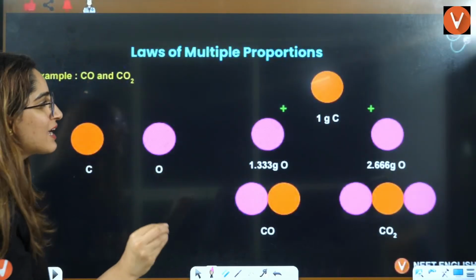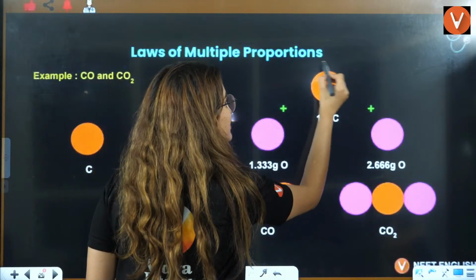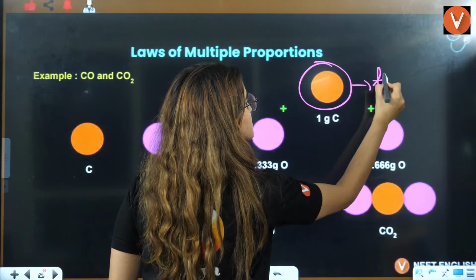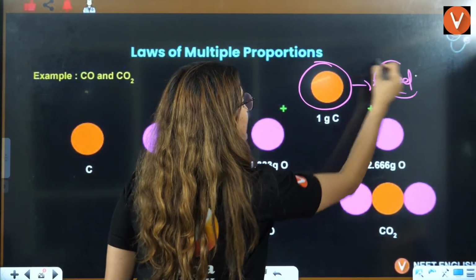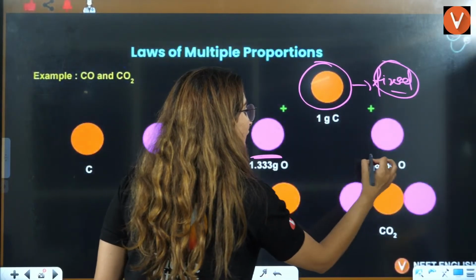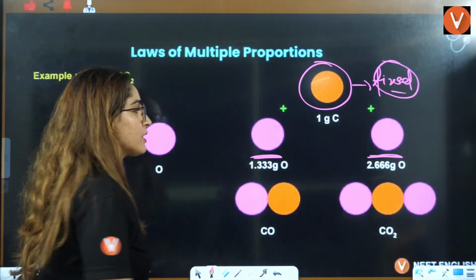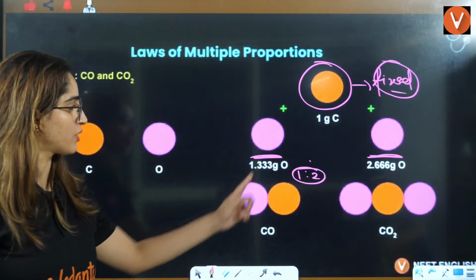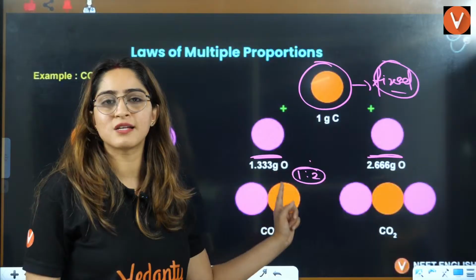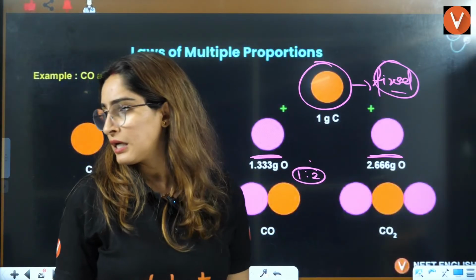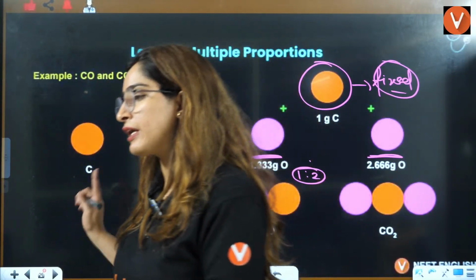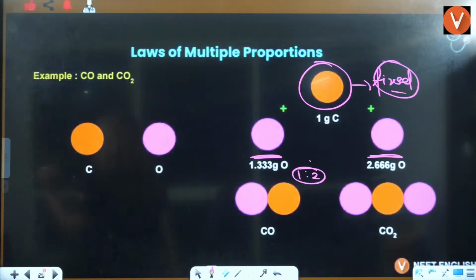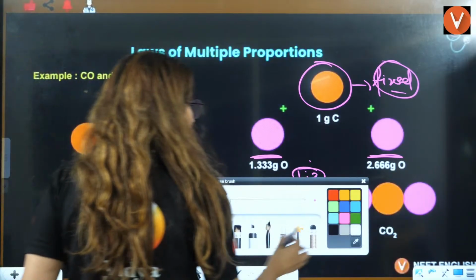Now what he is saying that if you take the fixed mass, carbon is fixed here, then this oxygen and the other oxygen from here, they will bear a simple whole number ratio. Can you see this ratio? This is nothing but 1 ratio 2. Okay, clear beta from the diagrams also? Is it clear that what I am talking about?